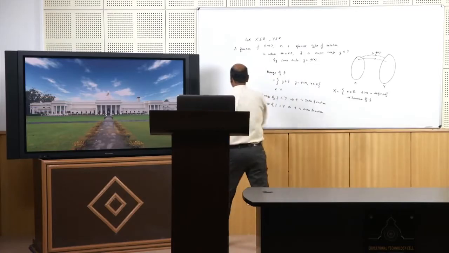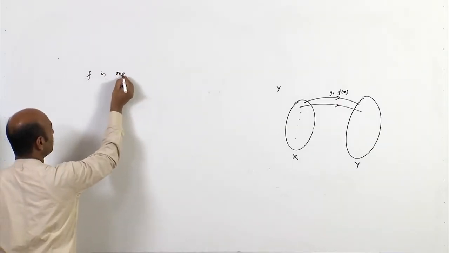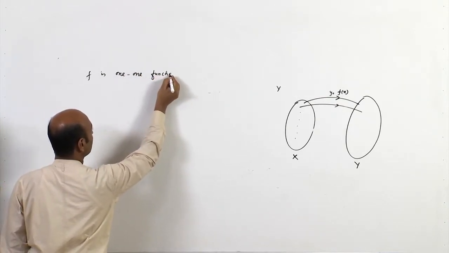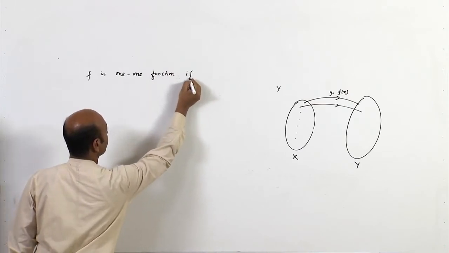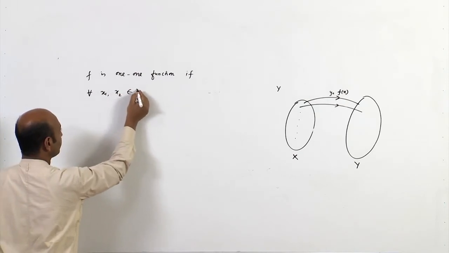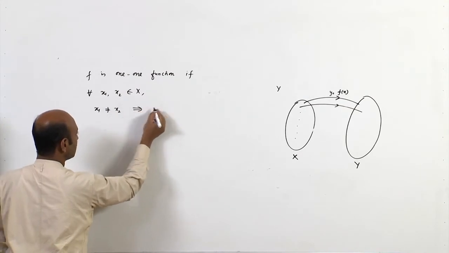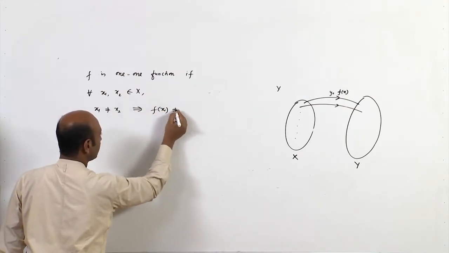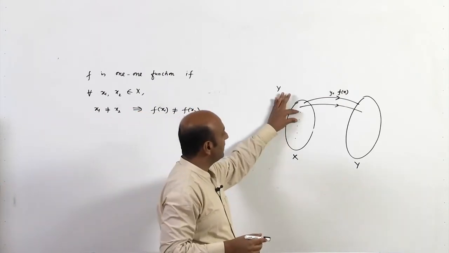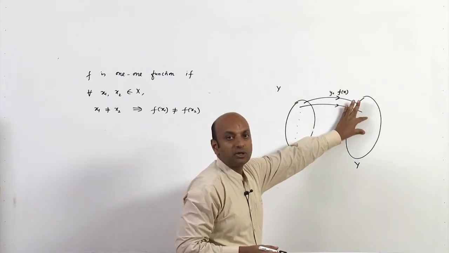So, f is said to be a 1 to 1 function or mapping if for every x1, x2 in X, x1 not equal to x2 implies f(x1) not equal to f(x2). That means for any two distinct elements in capital X, the corresponding images in Y are also different.